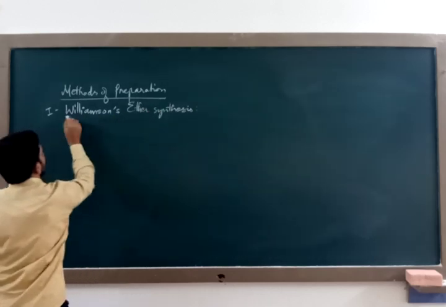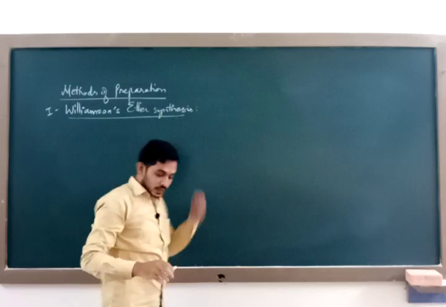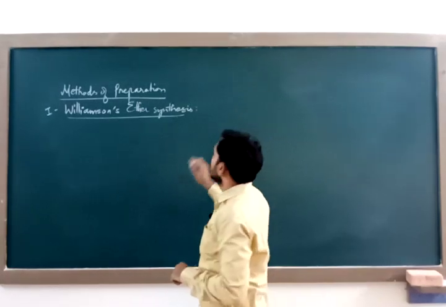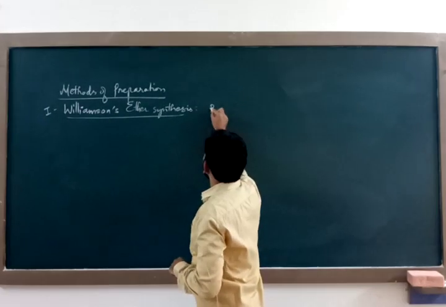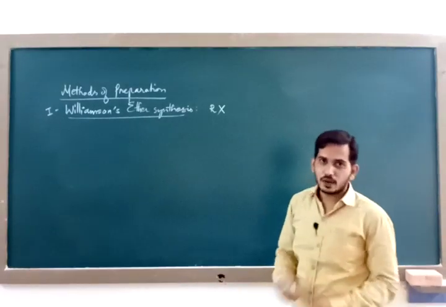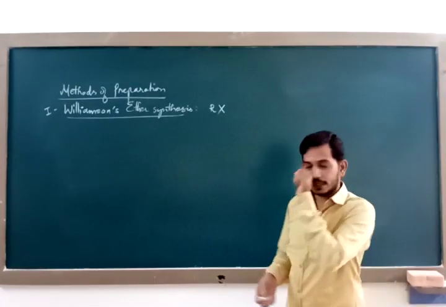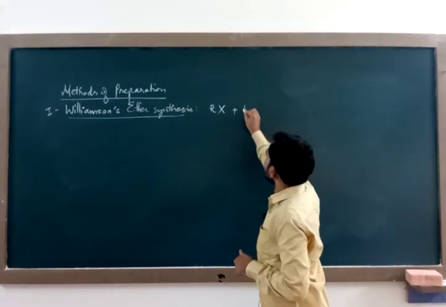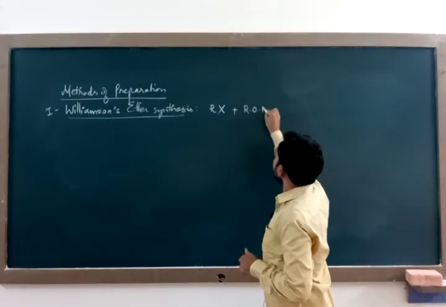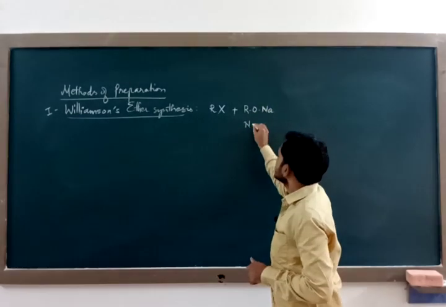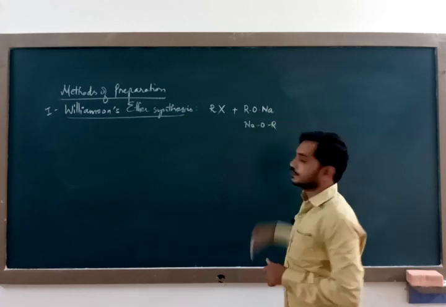This is also one of the hot favorite questions that the question paper setter would like to ask. So in this method, you take alkyl halide, react it with sodium alkoxide or potassium alkoxide. If I choose sodium alkoxide, it is RONa. For my convenience, I will write it as NaOR.